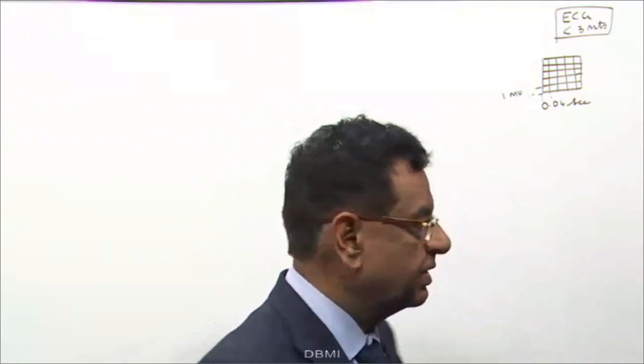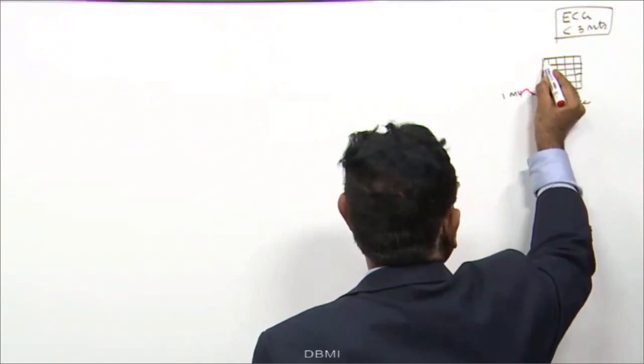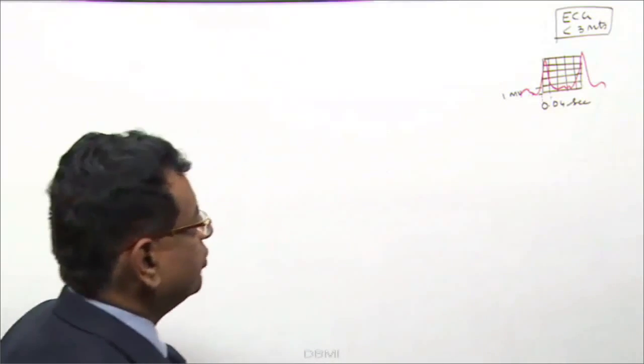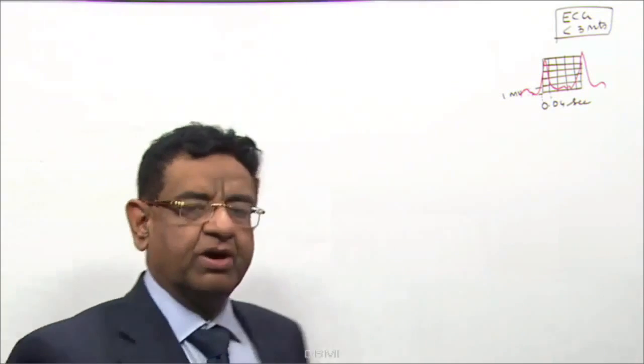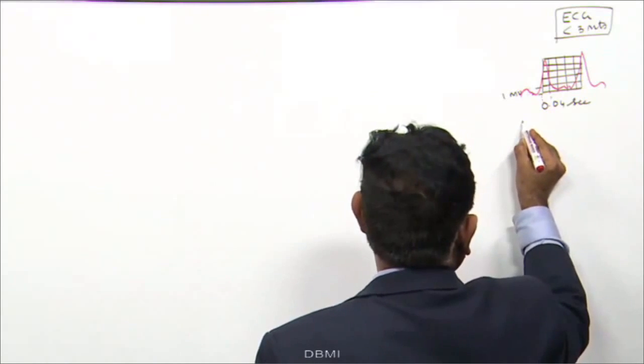Now we talk about the first question which came in this year's NEET exam also. Well, this is one beat, and this is the other beat. The question was: calculate the heart rate of this patient. So how to calculate heart rate?